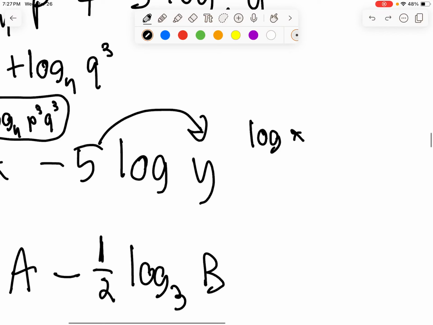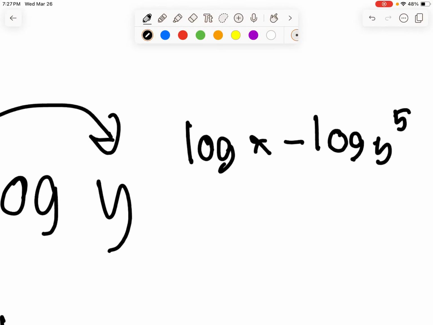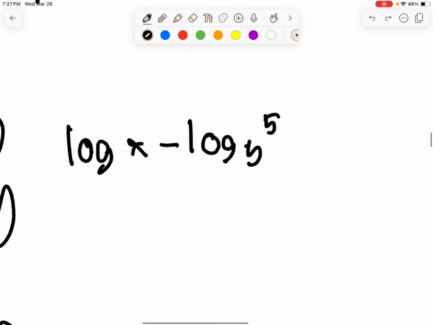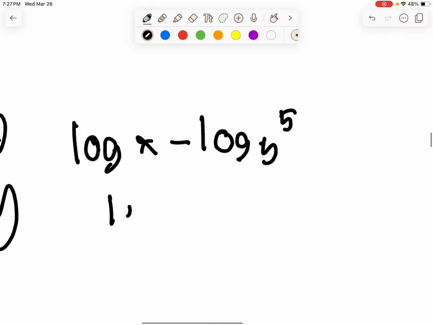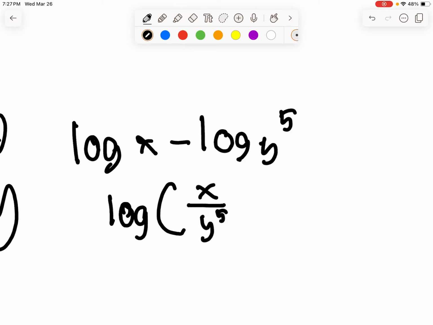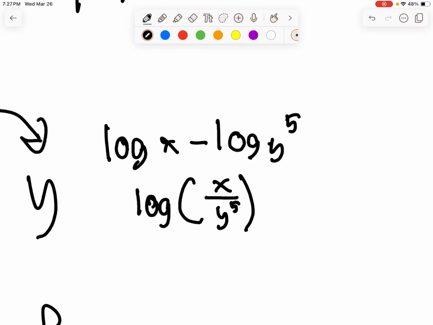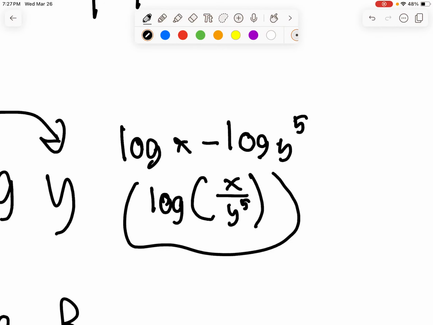Log of x to the something, minus log of y to the fifth. When you have something subtracted, instead of multiplying like with addition, you simply have to divide. This is just log of x over y. And a little box to signify I'm done.